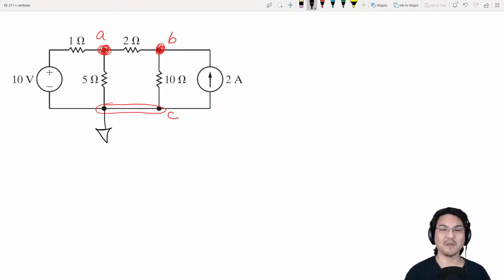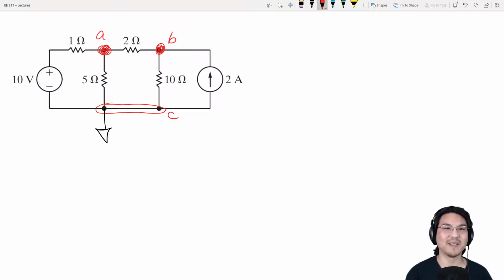Okay, so now what you do is write KCL at the essential nodes, not at the reference one. So just these two. So KCL, and you decide if you want to say current going in is positive or current going out is positive. There's no wrong choice. You just pick one and stick with it.